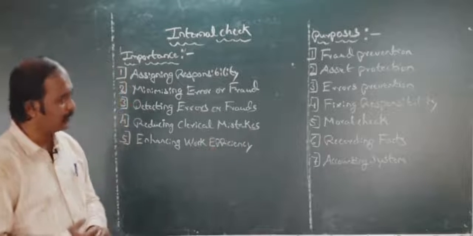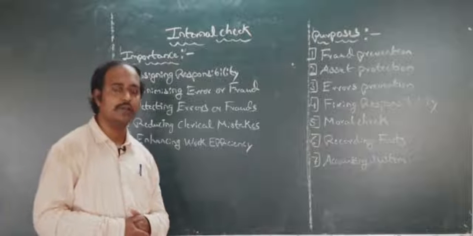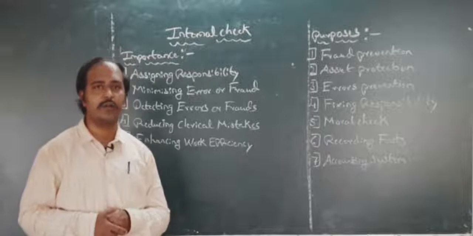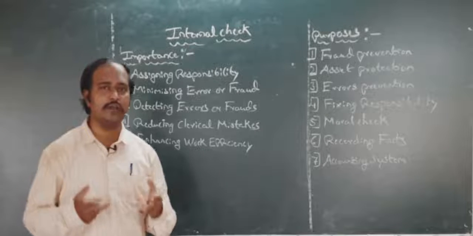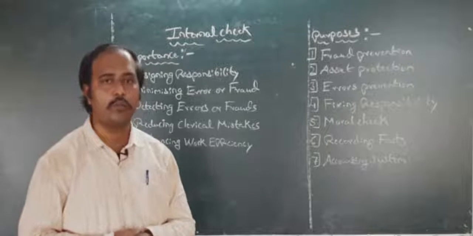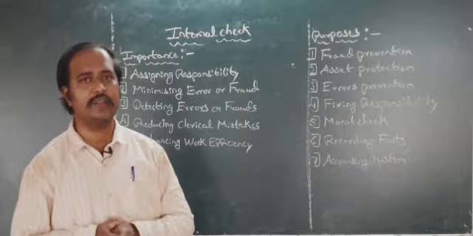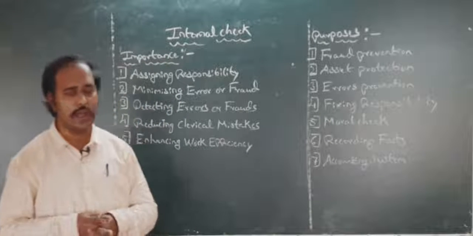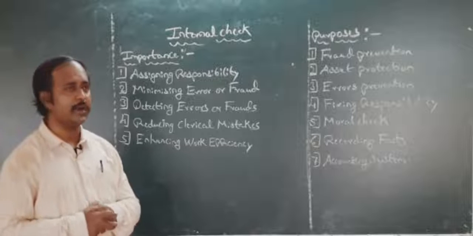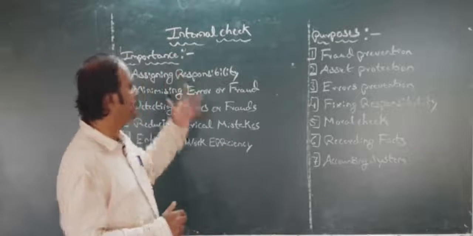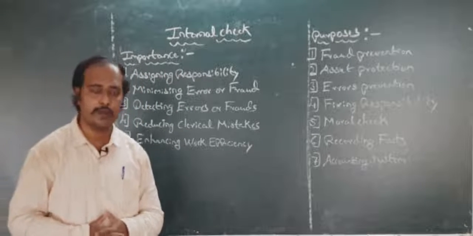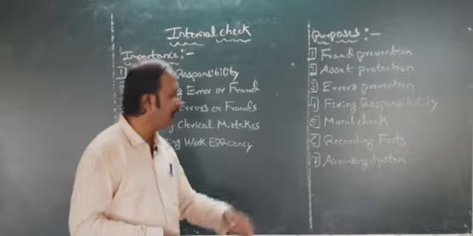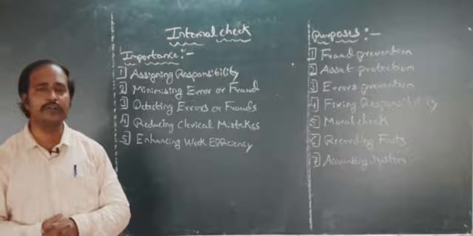Further, recording facts, always with internal check. If you have a good internal check system, facts are recorded in the books of account. Each and every organization wants to know the real facts and figures concerning the business transactions, and it can be identified and determined only with the help of a proper internal check system in the organization. Finally, the accounting system.